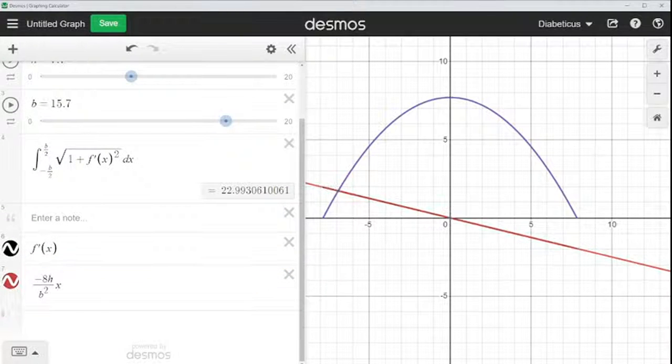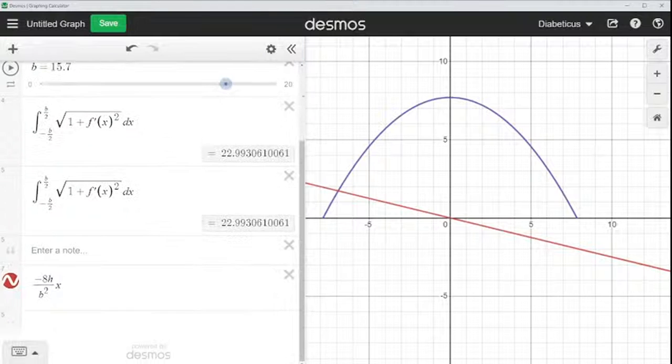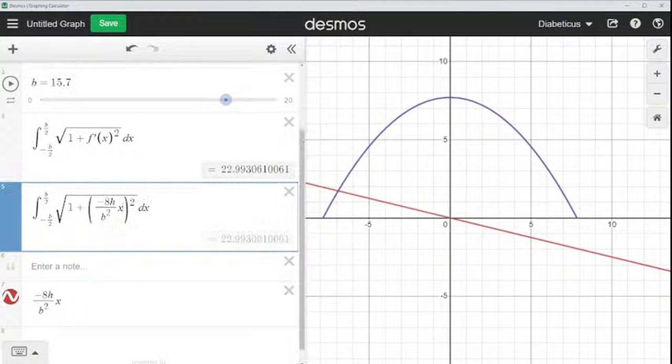So they're the same thing, right? Let me copy this down. Okay, same thing.